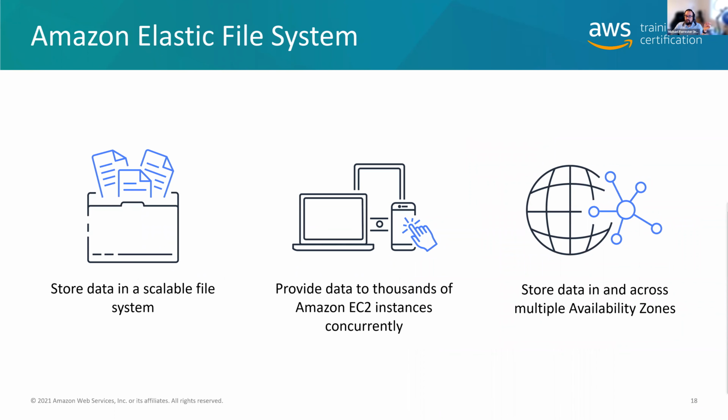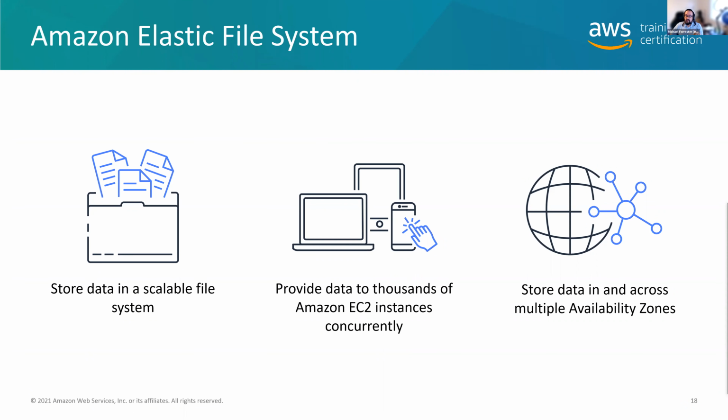Now, Amazon's Elastic File System, EFS, is the primary service for this. There's also another one called FSx, and usually it's spelled like this. So there's 4 different flavors of it.